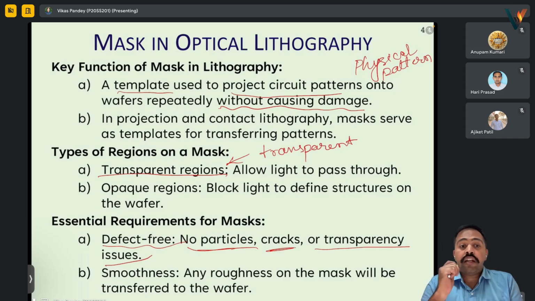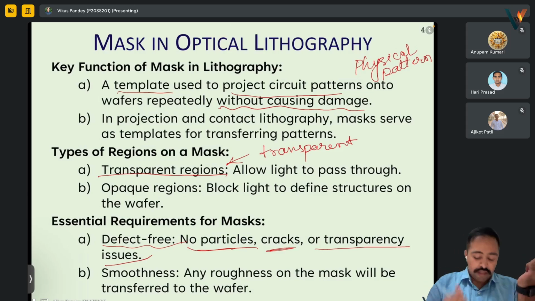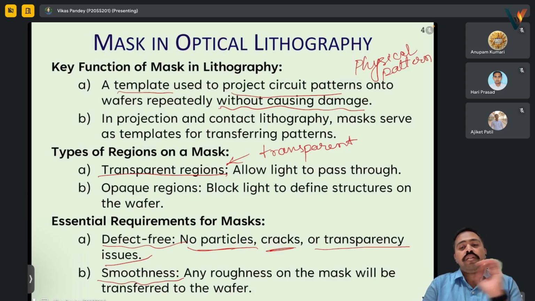The second and very important thing is the material that makes the mask. Ideally, it is glass only, good quality glass. What is unique about this glass is that it has very nice smoothness, no roughness, because any roughness on the mask will also be transferred to the pattern. That is why it has to be very smooth, and that is why the glass is coated with chromium or titanium as per our requirement.